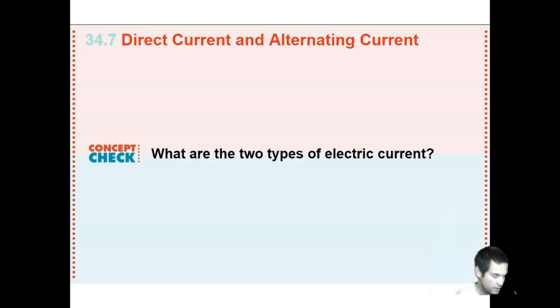There's also a story about Thomas Edison, who was a big proponent for alternating current, and Nikola Tesla, who was a big proponent for direct current.